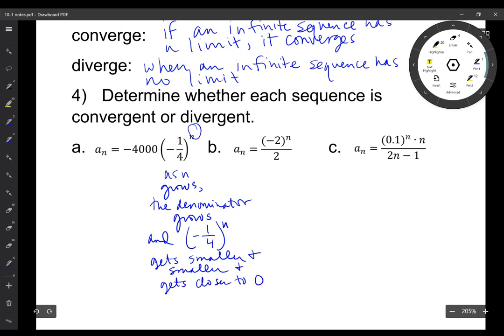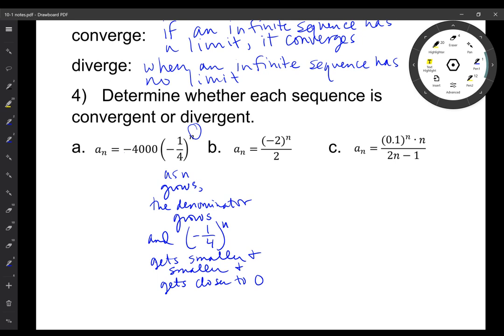Think about if I made that just the fourth term, then that would be positive 1/256, which is a really small number, and that's just the fourth power. So as it gets smaller and smaller, it's going to get closer to 0. And because of the minus signs, it's going to bounce, below the 0, above the 0, but closer and closer to 0. So that's our prediction.